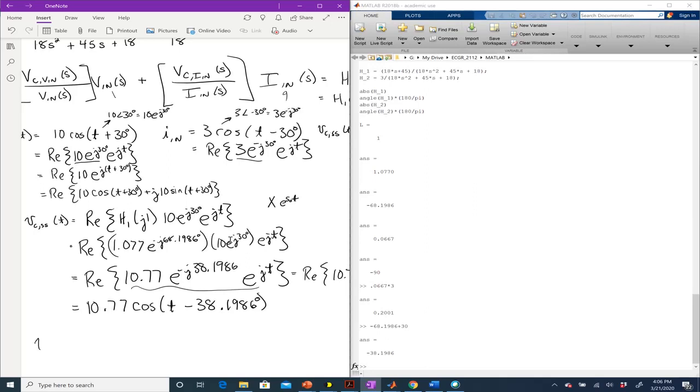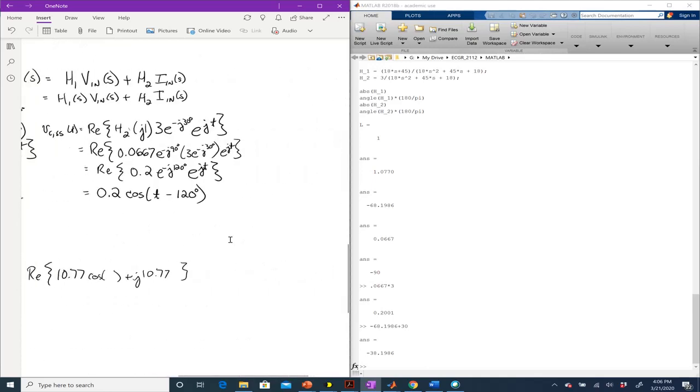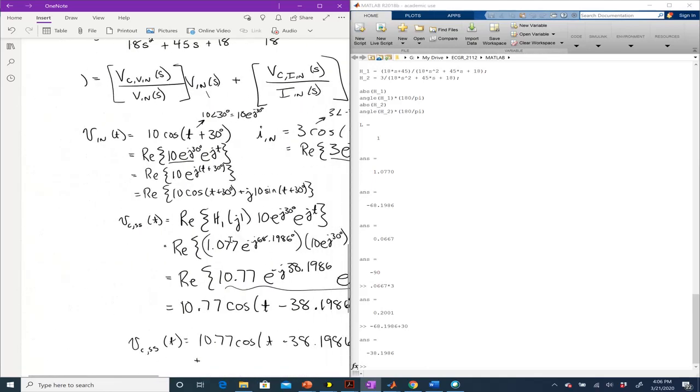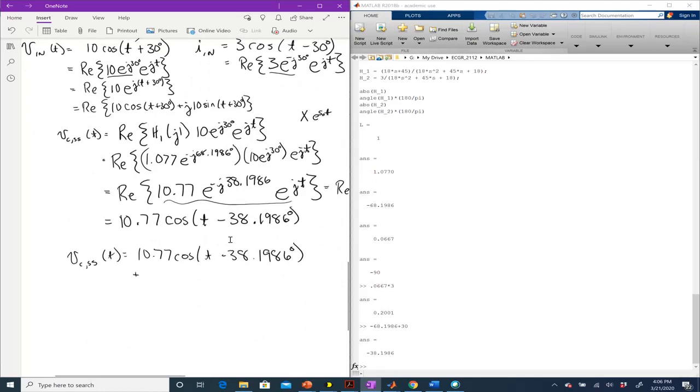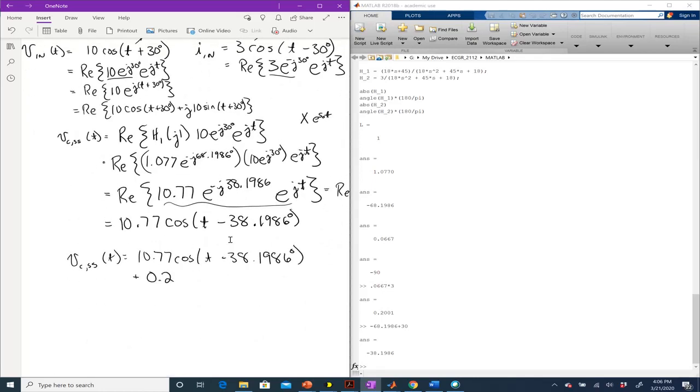So what we're ultimately saying is that the overall steady state component is 10.77 cosine t minus 38.1986 degrees plus this guy here, 0.2 cosine t, and I believe it's minus 120 degrees.